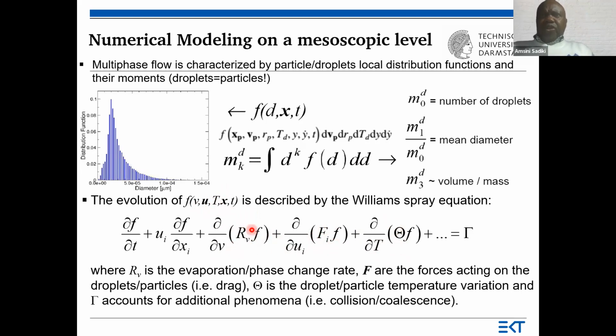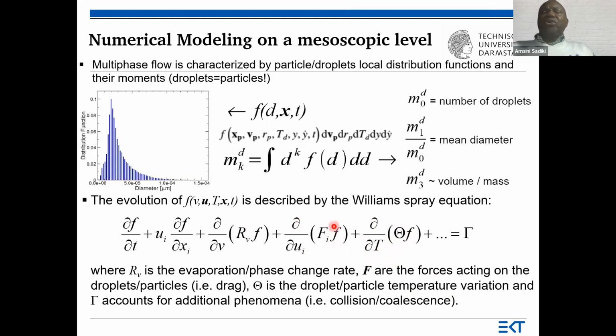The evaporation rate is here. We have the drag force there, and we have the droplet particle temperature variation. It is the delta T for the particle, so it is the variation of the temperature of the particle.